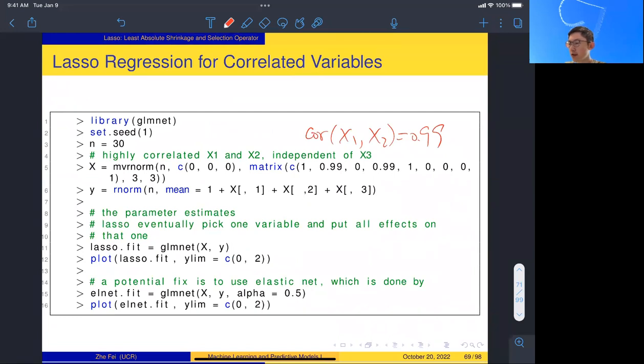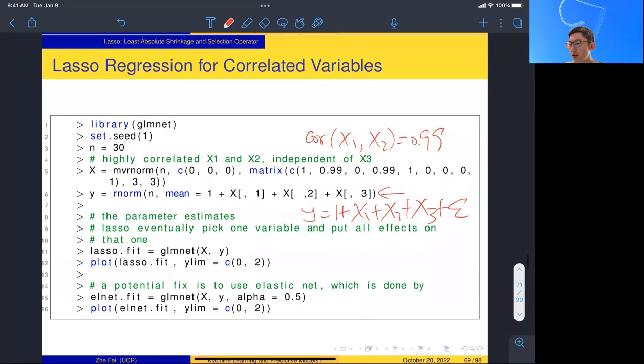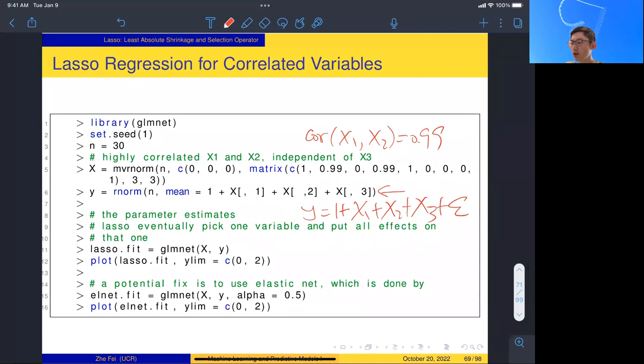And then from this formula, we see that essentially we simulate Y to be a linear combination plus the error term. So if we simply fit the glmnet function, the default is the L1 penalty, meaning that we fit a lasso solution.